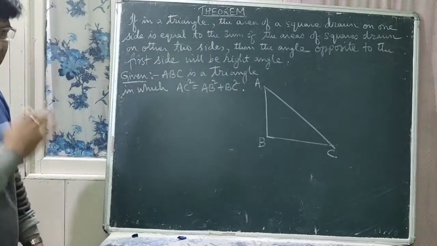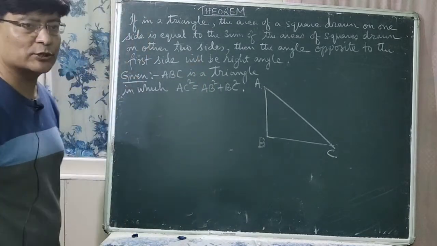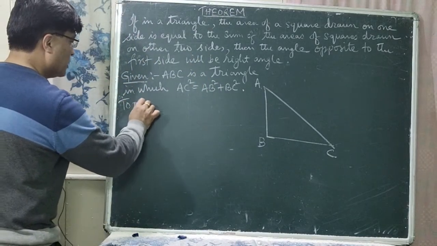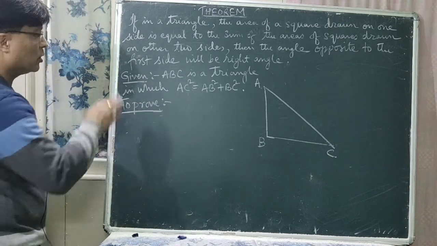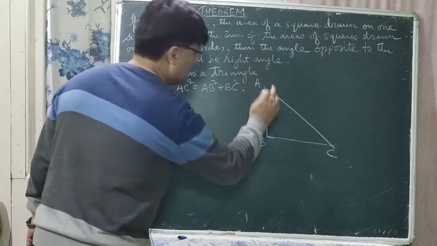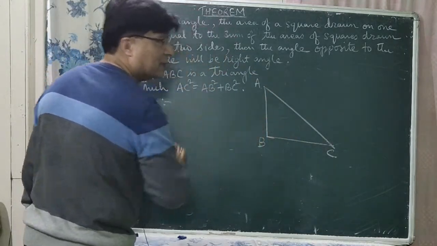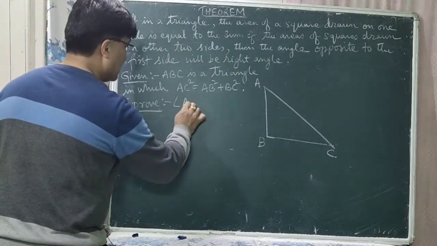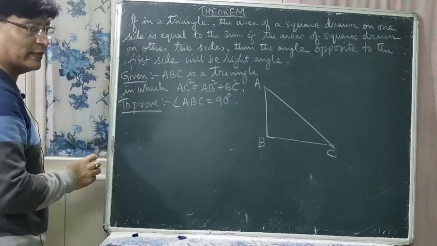That is given. So what is to be proved? The angle opposite to the first side AC will be a right angle. That is, angle B is equal to 90 degrees. That is, angle ABC is equal to 90 degrees. You have to prove it.